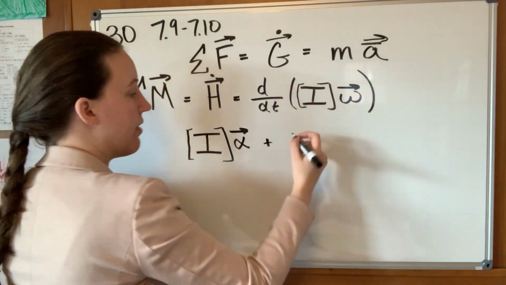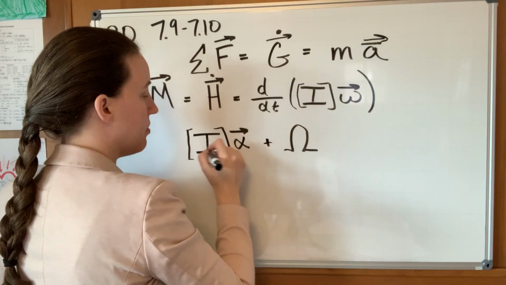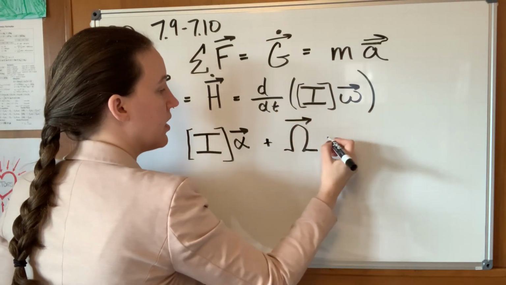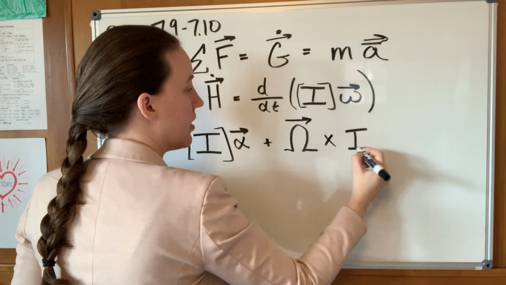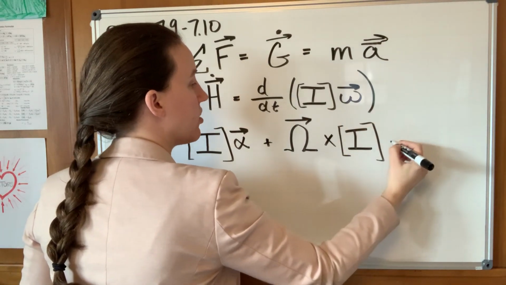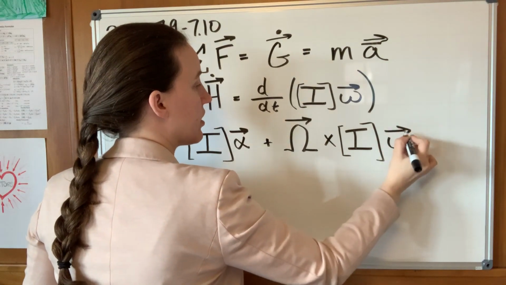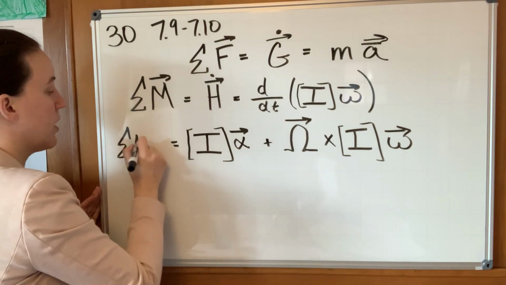And now we're also going to have the rotation effect, which is however that coordinate system is rotating, crossed with the vector that you get when you multiply this I matrix times the omega vector. And that is going to equal the sum of the moments.